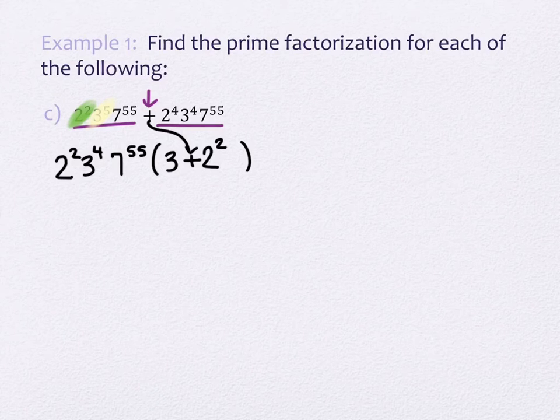Let's just suppose for an instant that I pulled it all out. Let's say all of this got pulled out in front. What would be left? No, let's say like I had a problem where I pulled 2 to the 4th out, I pulled 3 to the 4th out, and I pulled 7 to the 55 out. What would be left?